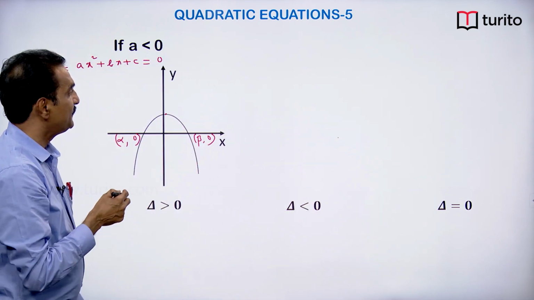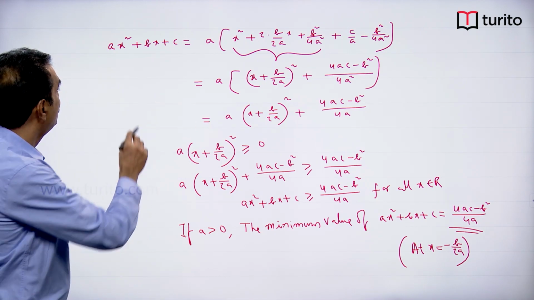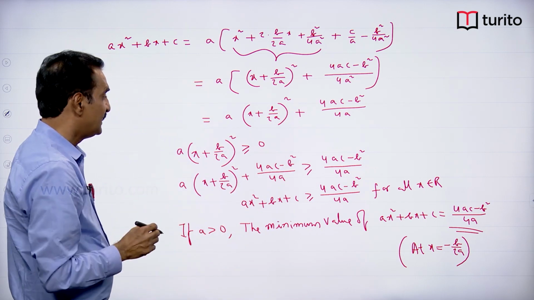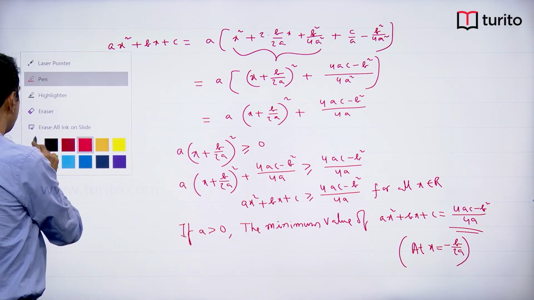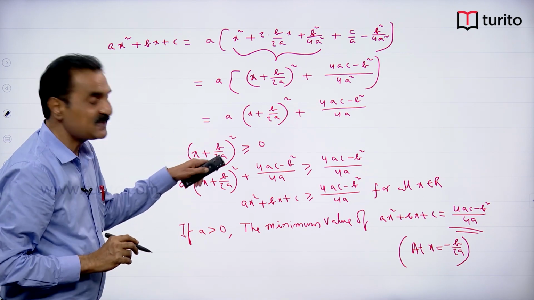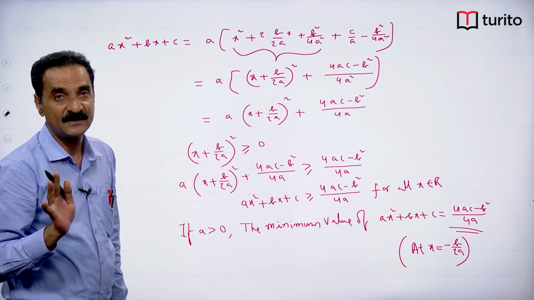You take the same steps. First you write ax square plus bx plus c like this. Now first you take x plus b by 2a whole square greater than or equal to 0. That is true for all real values of x.